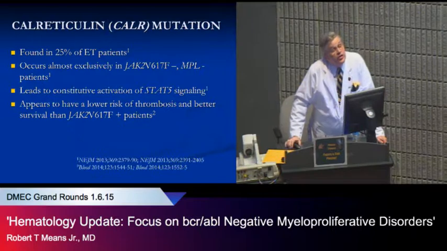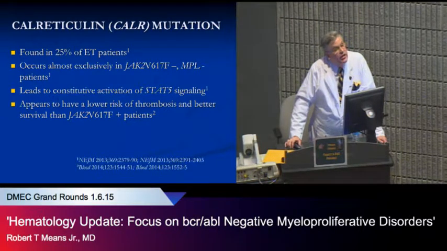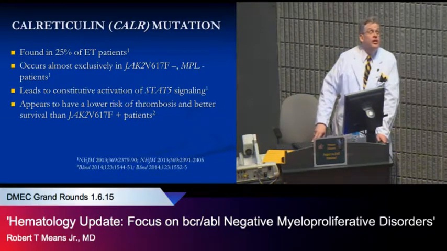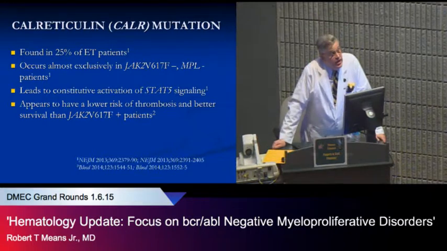What is particularly new in this field is the description of the calreticulin mutation. It is found in 25% of essential thrombocythemia patients. It occurs almost exclusively in JAK2 negative and also thrombopoietin receptor mutation negative patients.